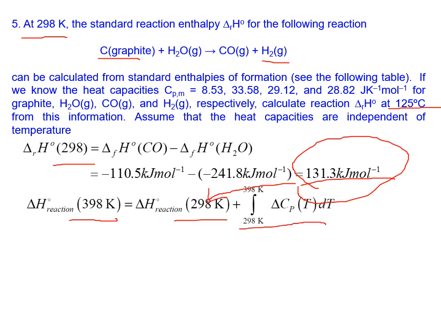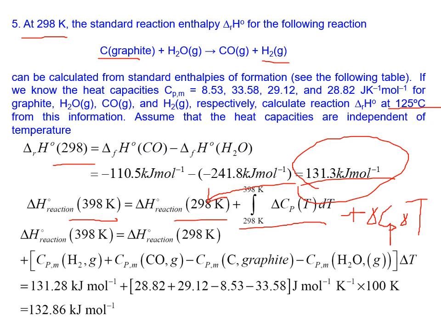Now, if the heat capacities are constant as these questions indicate, then you simply add delta Cp times delta T instead of using integration.